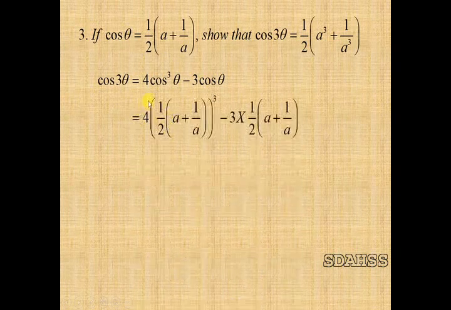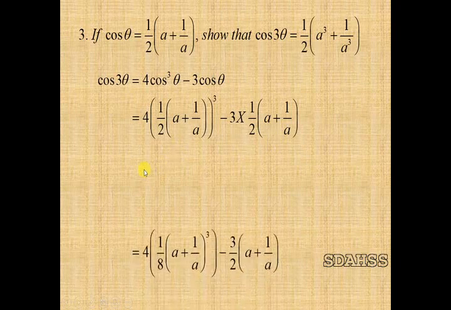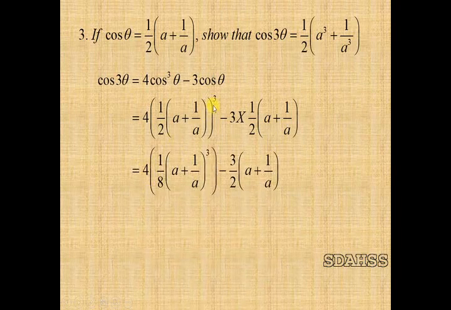So you have 4 into 1 by 2 into a plus 1 by a whole cube minus 3 into 1 by 2 into a plus 1 by a, which is equal to 4 into 1 by 2 whole cube. 1 by 2 whole cube means 1 by 8 into a plus 1 by a whole cube minus 3 by 2 into a plus 1 by a.